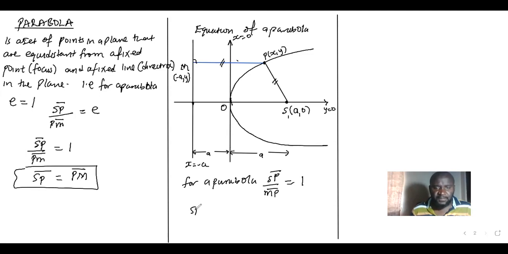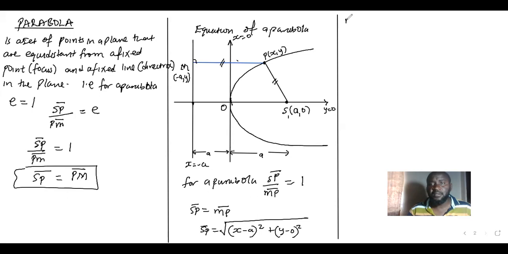So therefore, SP is equal to MP, and in that sense, we need to see what is SP. SP using coordinate geometry is going to be the root of x minus a squared plus y minus 0 squared.